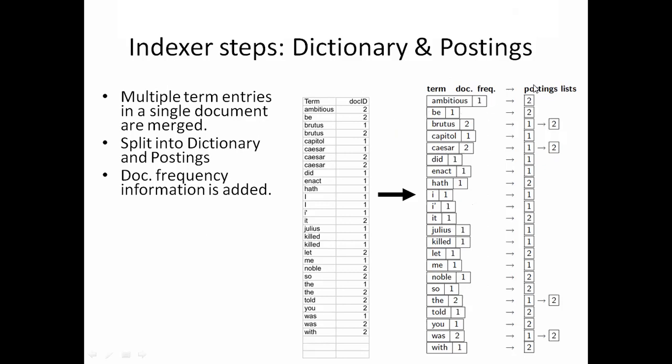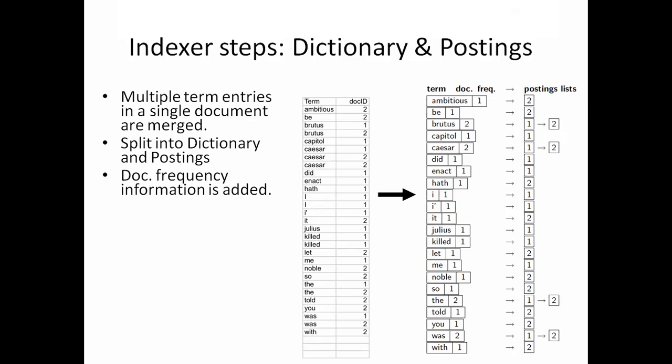After that we have written the posting list. Posting list means the documents in which this term is available. If we check ambitious, we get document ID 2.